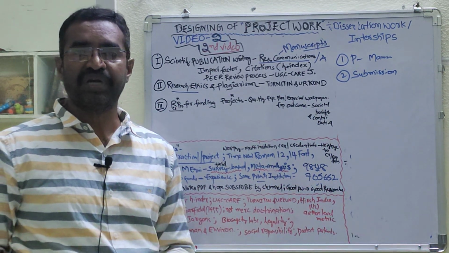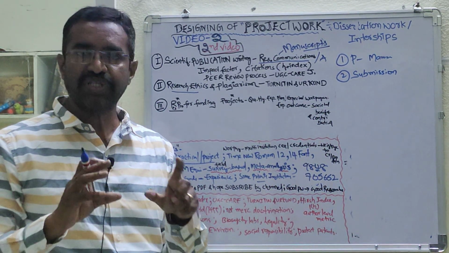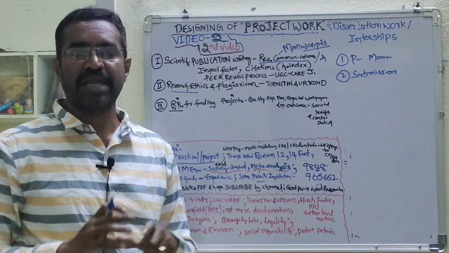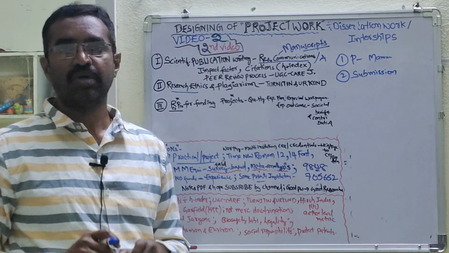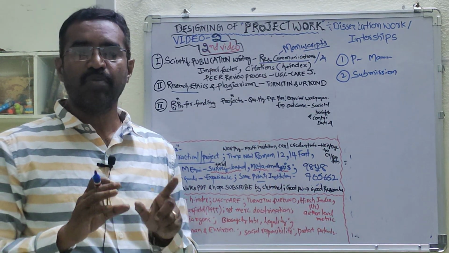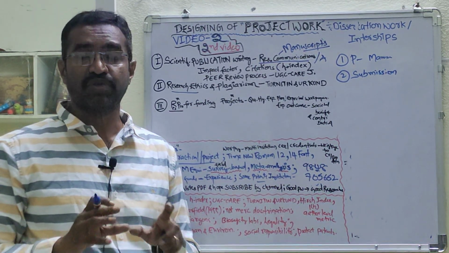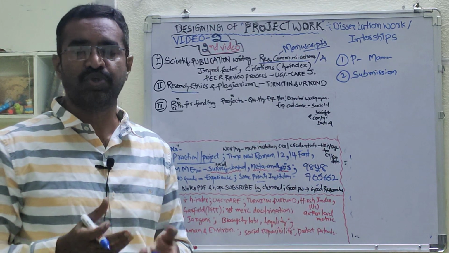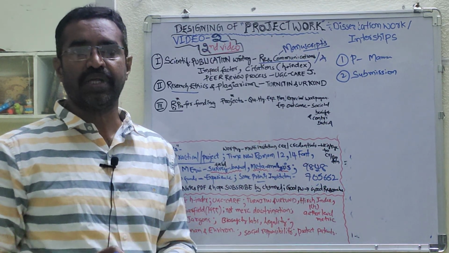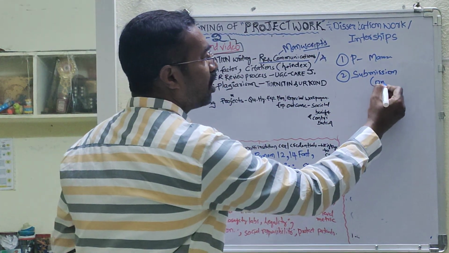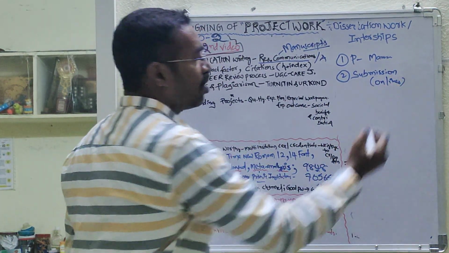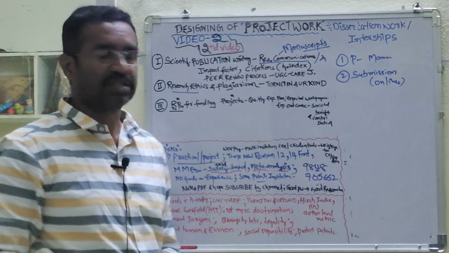There are different types of journals, and you have to check which journal your manuscript fits into, and only then submit. Those journals will have formats and guidelines which you have to go through thoroughly. Then you go for the submission. Nowadays almost all journals are online.